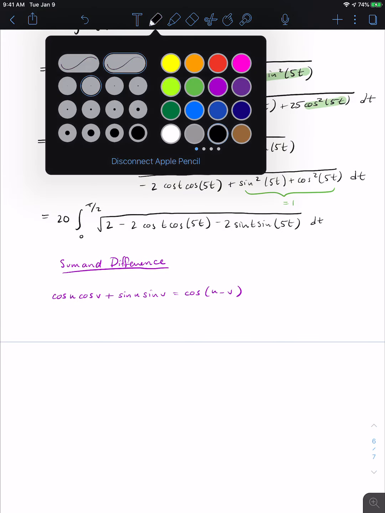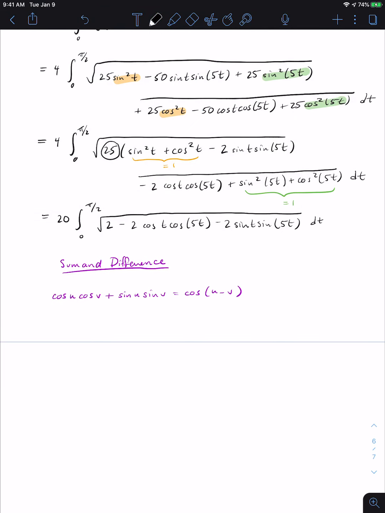All right? So I'm almost there. I can't quite do it yet because I can't quite tell all my negatives. So what I'm going to do here is pull out a negative 2 out of these two terms. If I pull out a negative 2 there, then I'll be happier with what's going on.